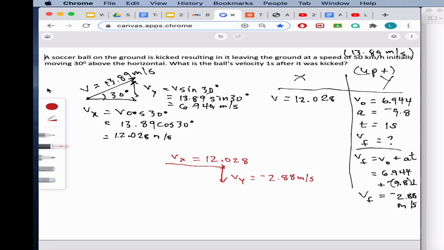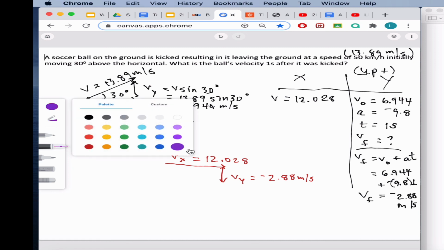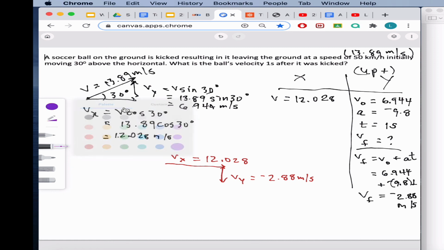And the resultant we can find by drawing our vector from the tail of the first vector to the head of the last vector. And the rest is using your Pythagorean theorem and trig functions to find what the magnitude and the direction of this final velocity vector is.